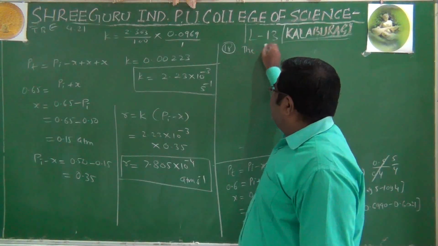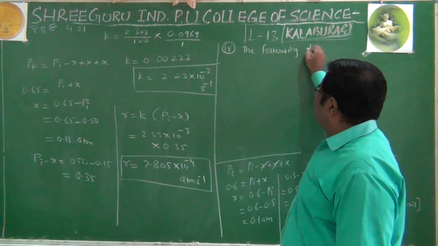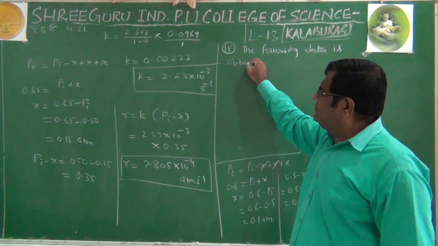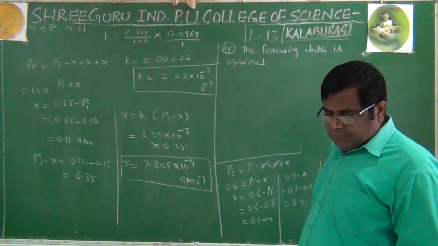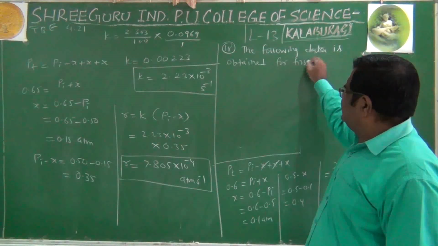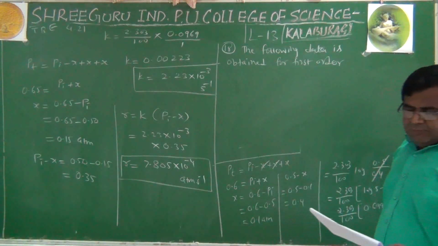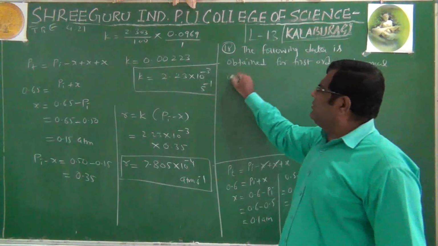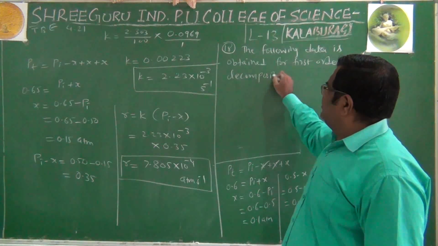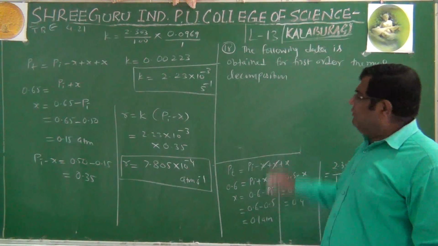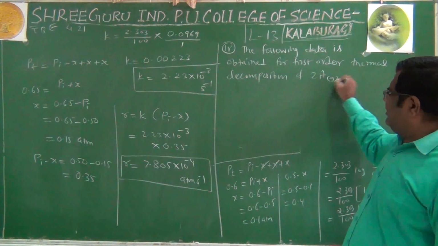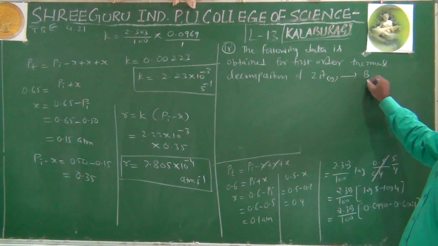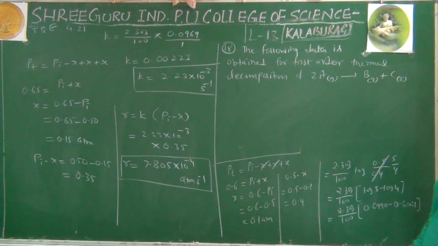The following data is obtained for first order thermal decomposition of 2A, here 2 is the stoichiometric coefficient, 2A gives 1 mole of B and C in solid state.